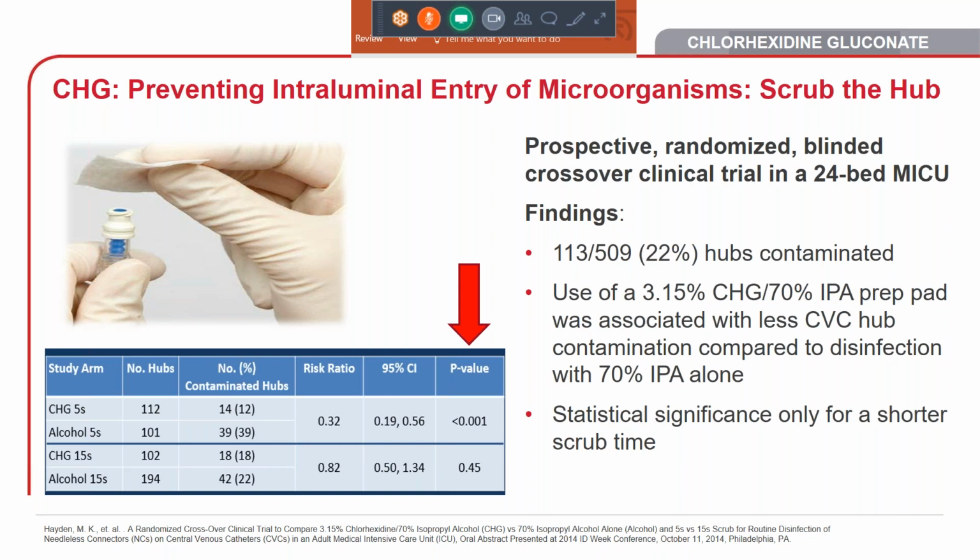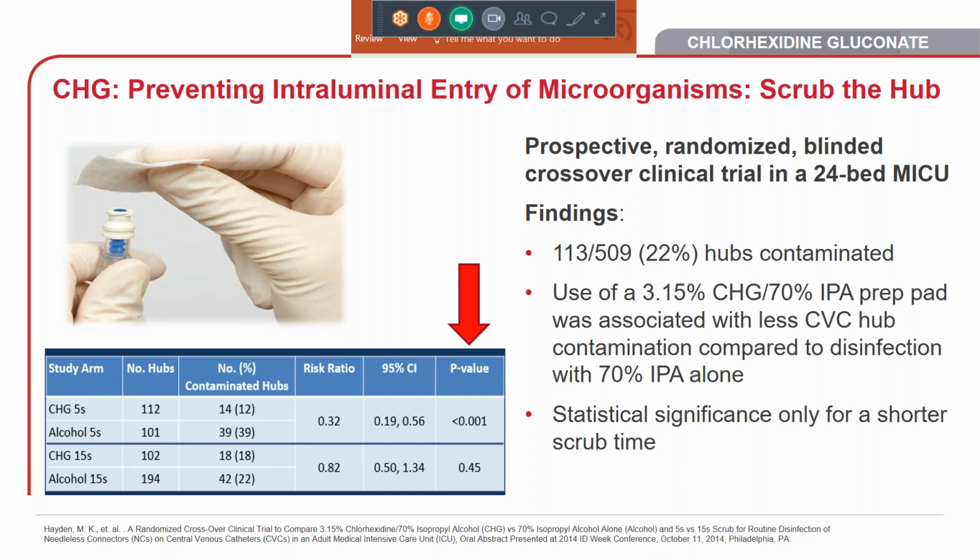You see here that out of 509 hubs that were assessed, 113, or 22%, of those hubs were contaminated. There is not much in the way of description about those organisms, but it is anticipated that this will become a publication where that will be specified.